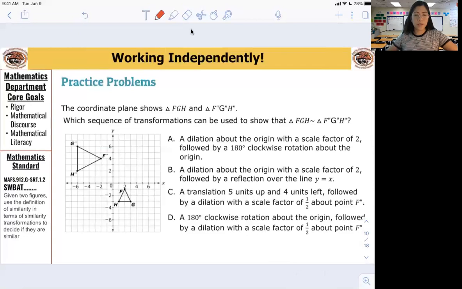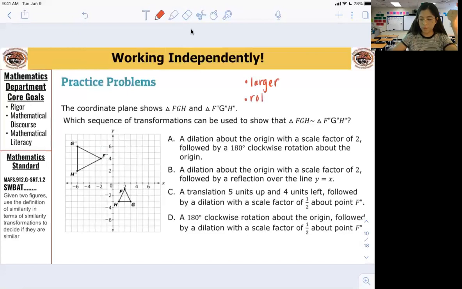First things first, before you look at the answer choices, I always want you guys to think about, remember, which one is the pre-image, which one is the image, is it getting bigger, is it getting smaller, what is happening? So can anyone tell me, without even looking or thinking about the answer choices, just describe to me what happens? The triangle became bigger afterwards. It became larger. It probably got rotated and reflected.